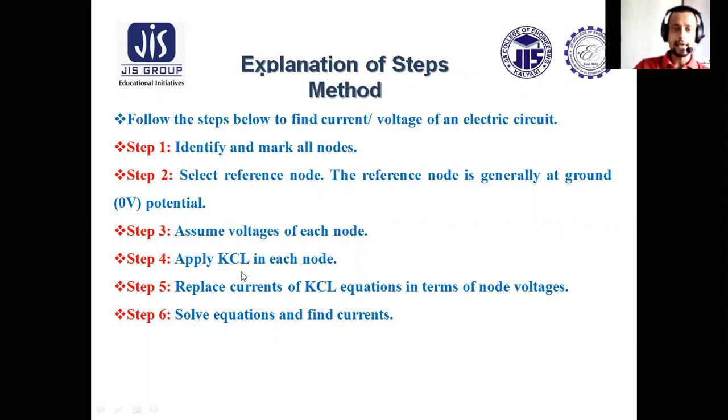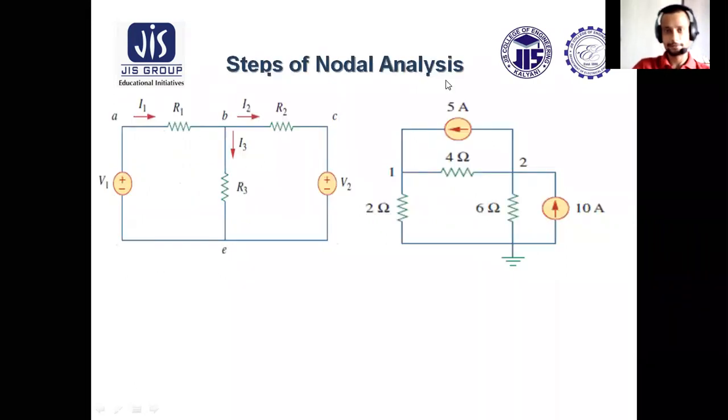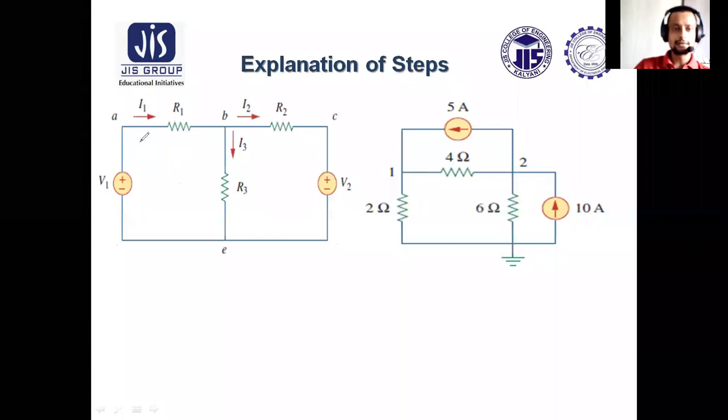Step 4 says apply KCL in each node. We have distributed current in all the branches as we wish. If the assumed direction is wrong, then we will get a negative value of current. Negative current implies the actual current direction is opposite to the assumed direction.